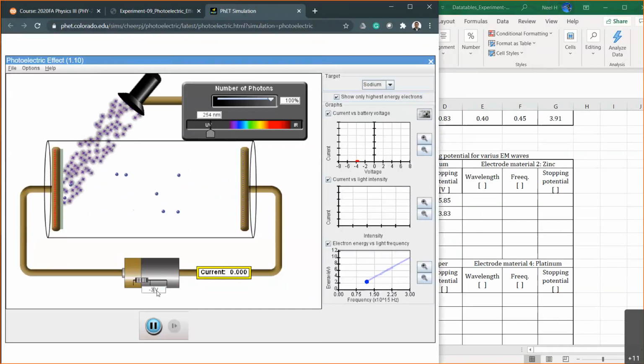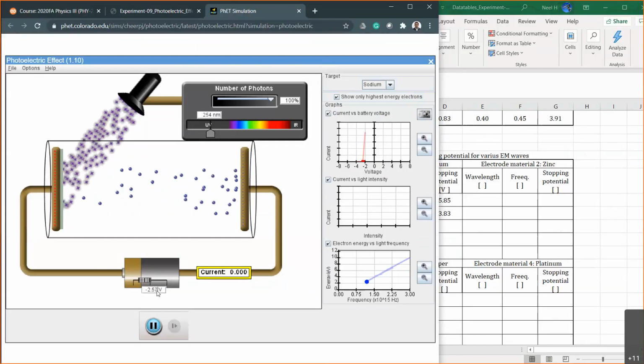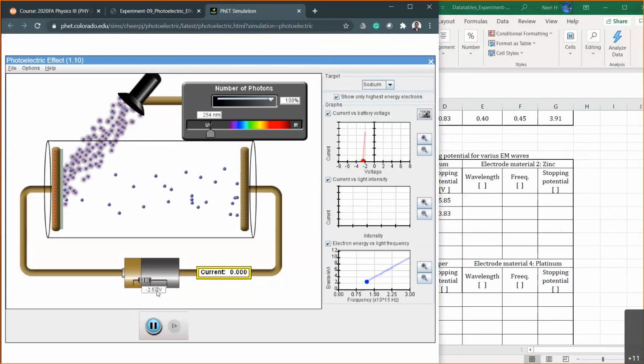Let's try with -3 stopping potential, too high, -2. There's a number at 2.5, 2.7 is 0, so 2.6 also 0, 2.5, 2.55, 2.58 is 0, 2.57 is 0, 2.56 there's a number. 2.57 is 0, right?